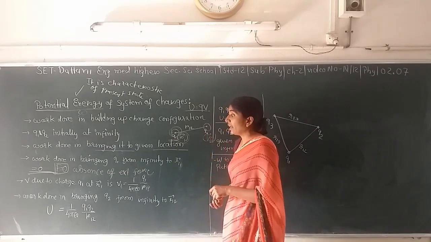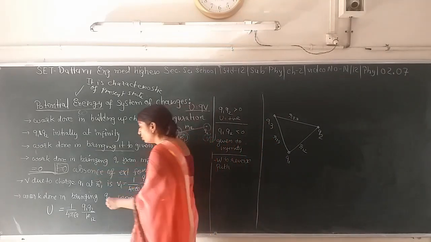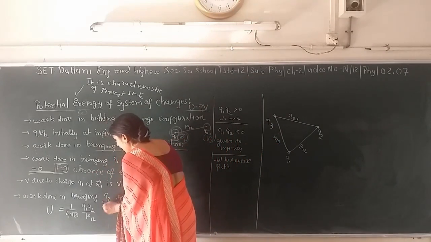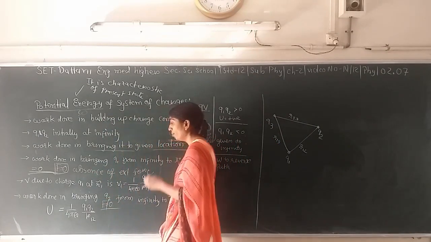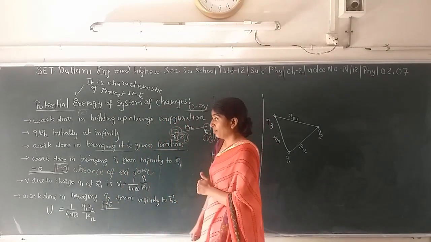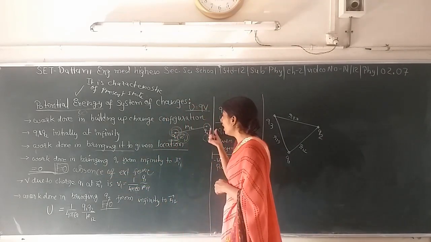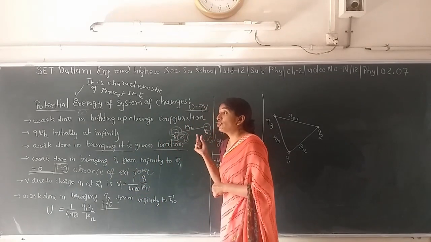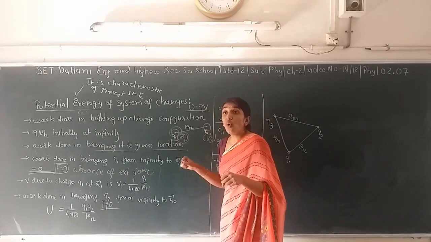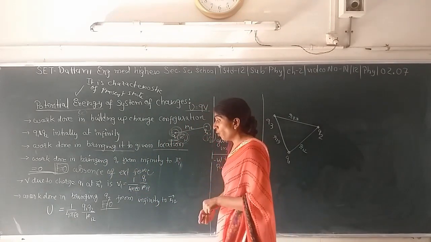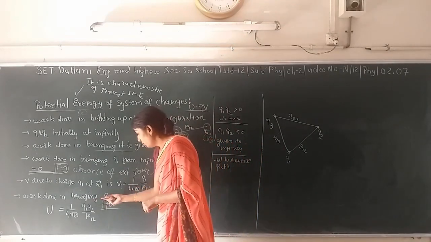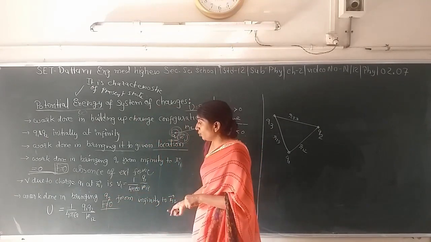So, now we cannot say F is equal to 0, but F is not equal to 0. In this case, work done, which is equal to force into displacement, we are supposed to bring this charge in such a way to oppose this force, from infinity to R2.